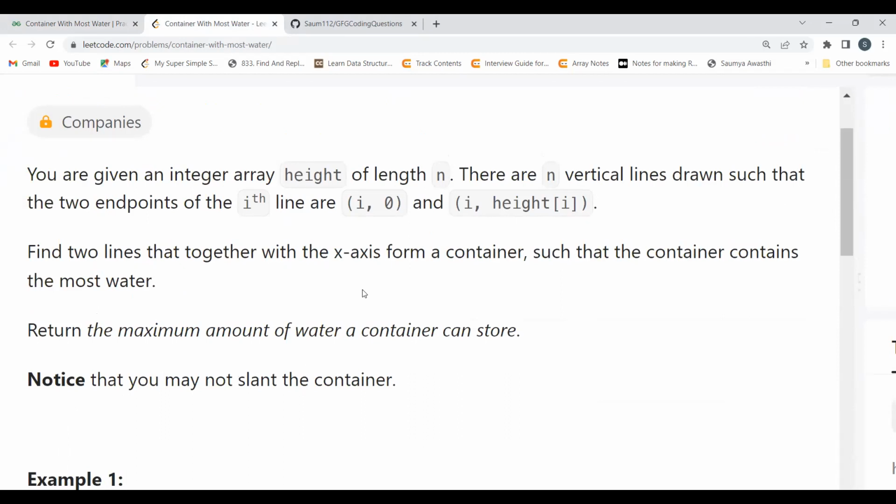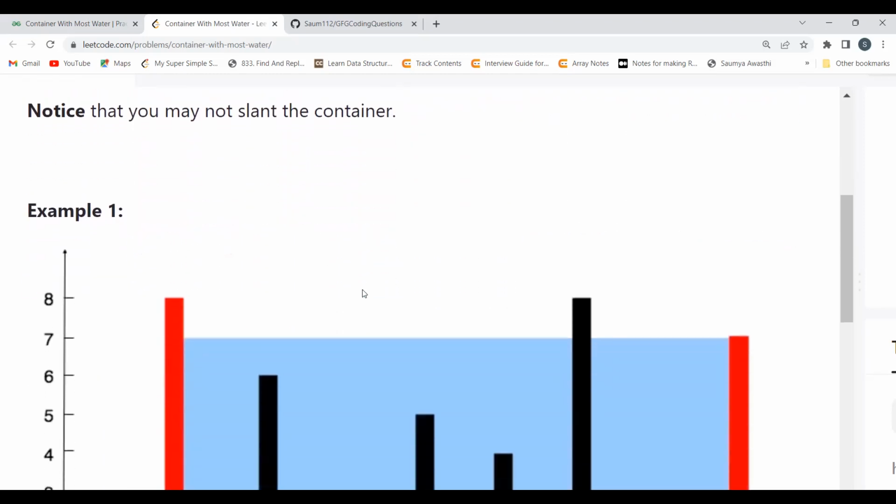Now what we are supposed to do is take two lines together such that they can form a container, and in this container we can have the most water. Basically we have to return the maximum amount of water a container can store, and we get this container by taking two vertical lines.